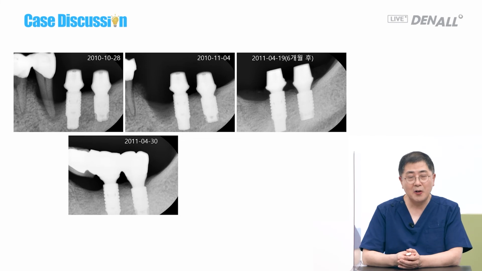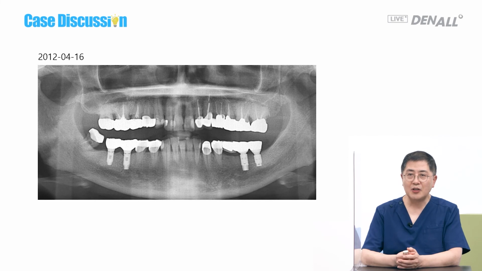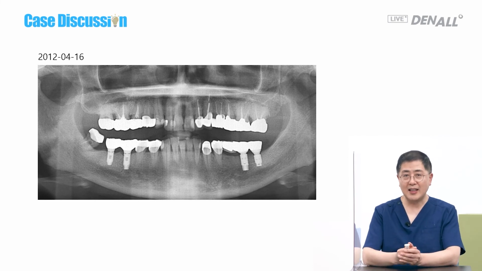It is marvelous to see the change of tissue. At the beginning, I thought number 36 may be extracted in the future, so I was really surprised to see remarkable healing of bone. And the cantilever was made for the prosthesis.